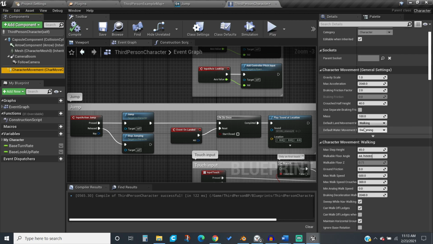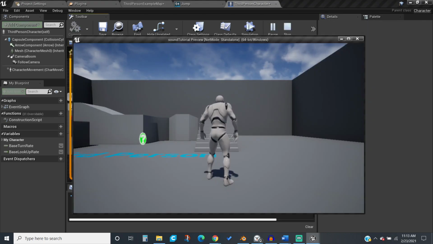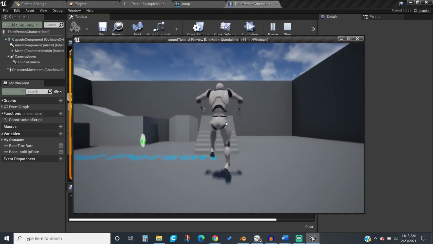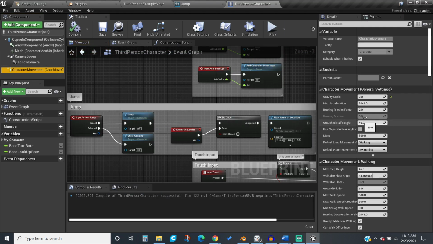Okay, so the first setting we're going to talk about is the gravity scale. The gravity scale is basically how much gravity there is. If we put gravity to 2 times, when we jump, we will not go as high.